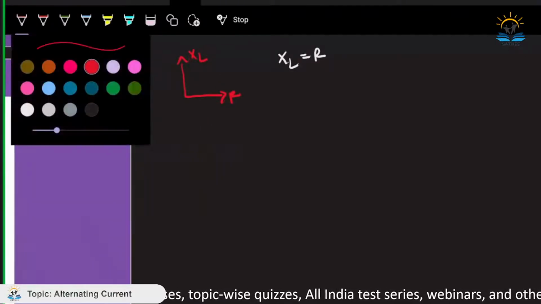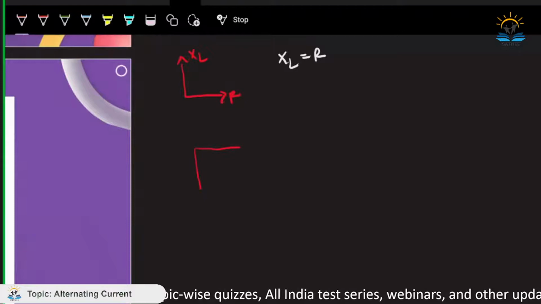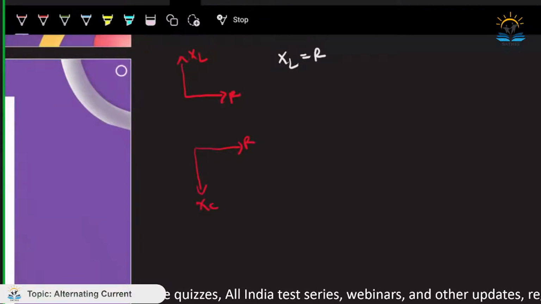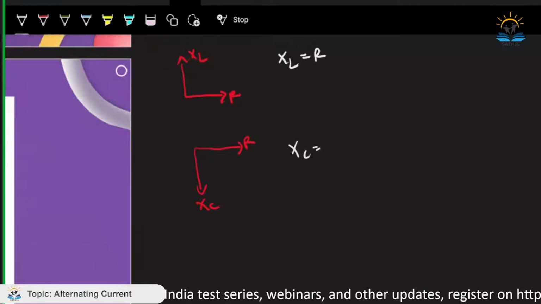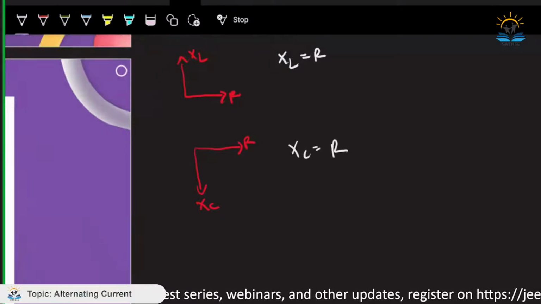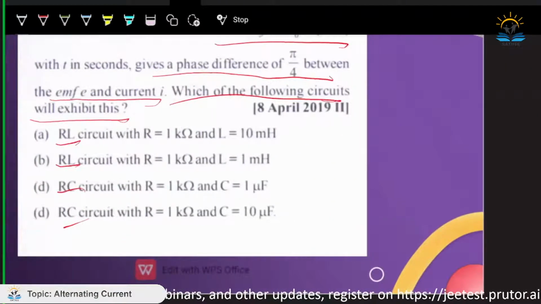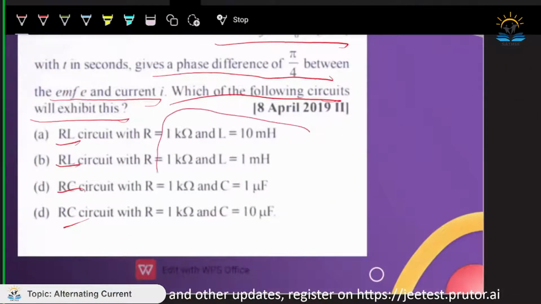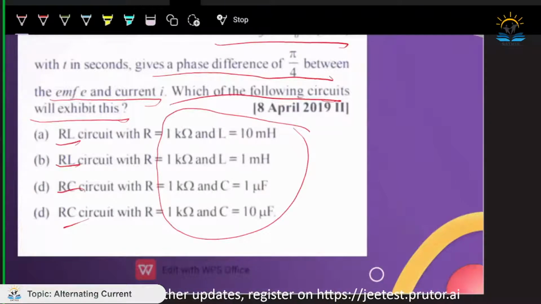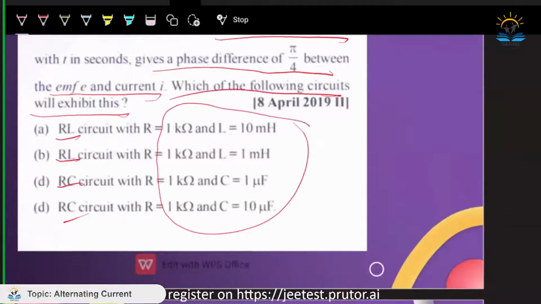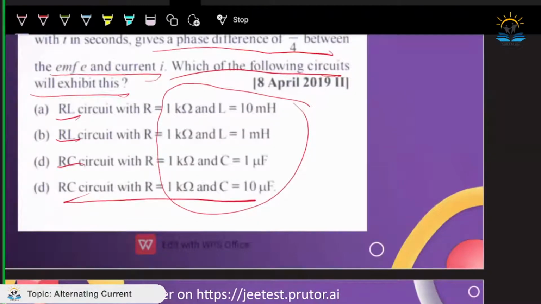And if it is RC, then R will be like this, and XC will be like this. We can write XC equal to R. So we have to find out from these combinations where we get XL equal to R or XC equal to R.